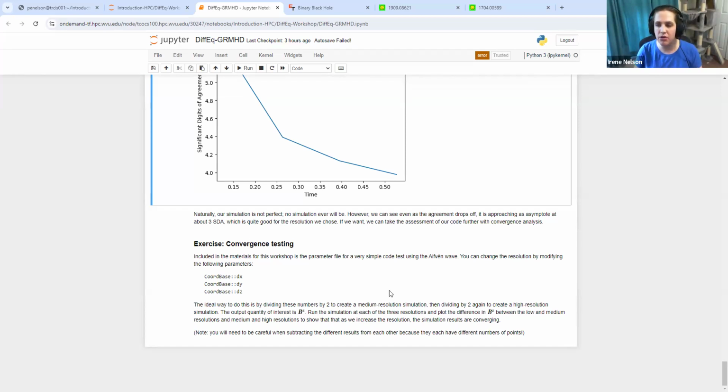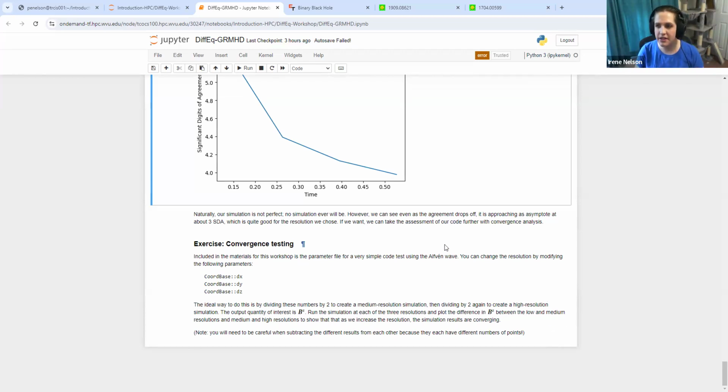that they do approach some exact solution. So what I have here are instructions for an exercise using a different code test. It's a very, very simple one-dimensional wave parameter file called the Alfvén wave.